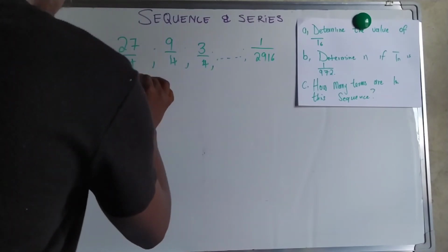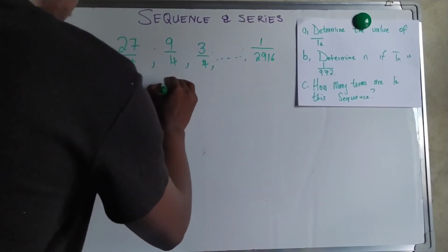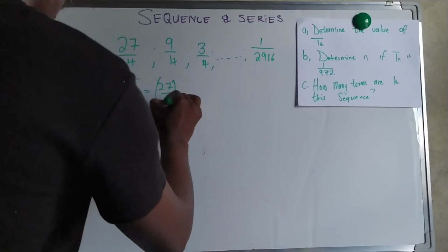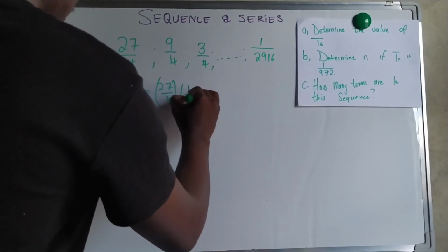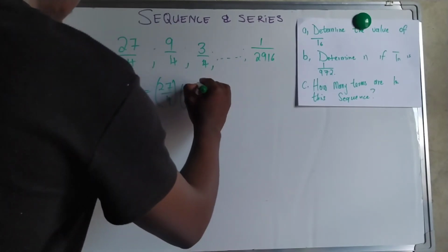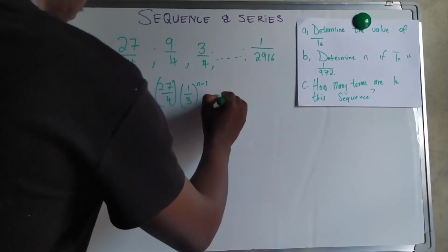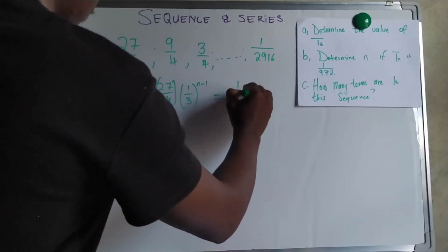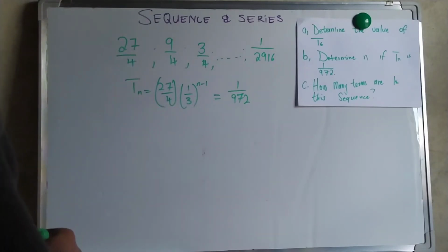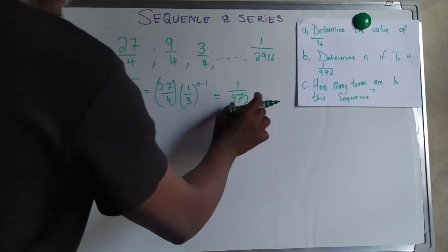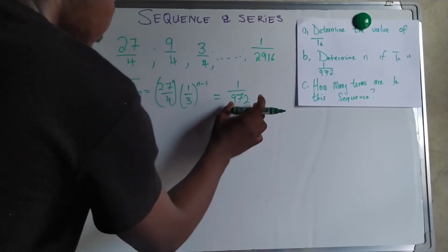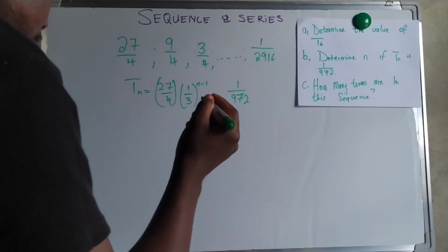So here we're going to say Tn, which is equal to 27 over 4 all times by 1 over 3 to the exponent n minus 1 is equal to 1 over 972. So because we want to determine n when the Tn is this. When Tn is this. Okay, so what do we do here?